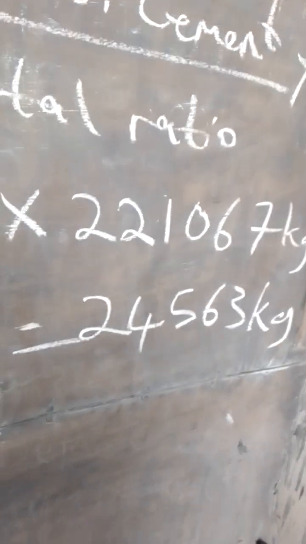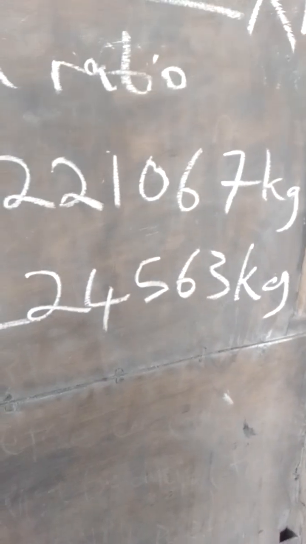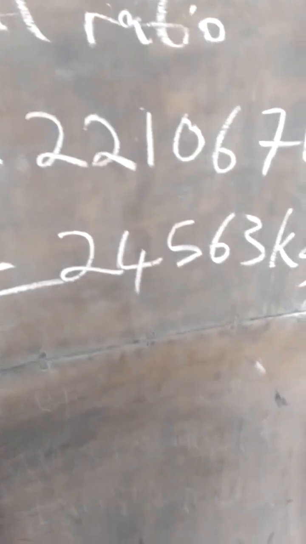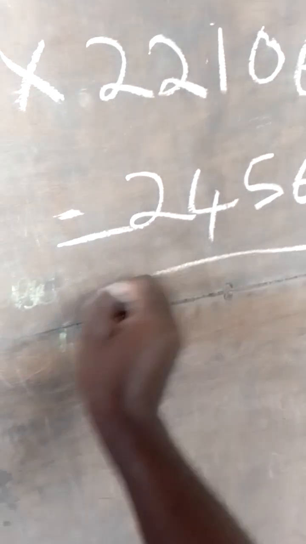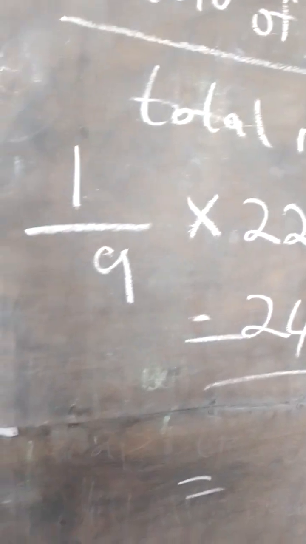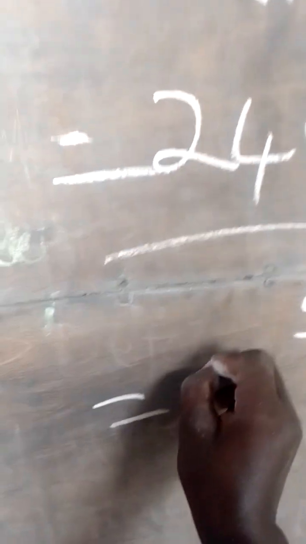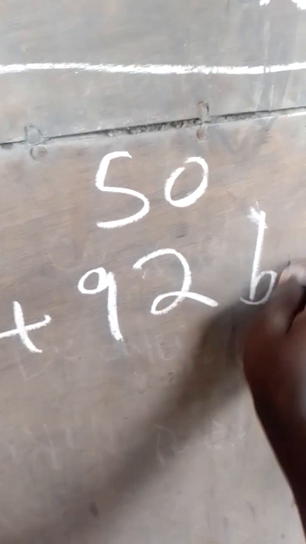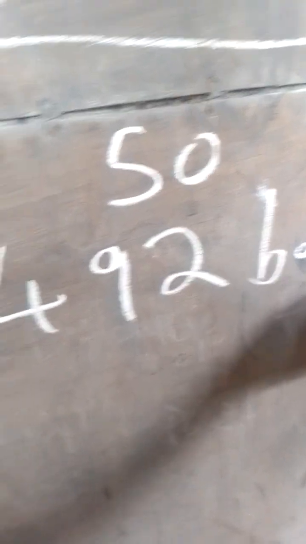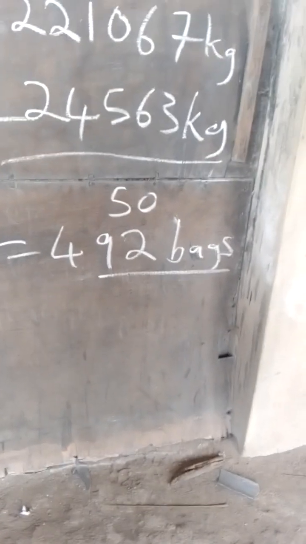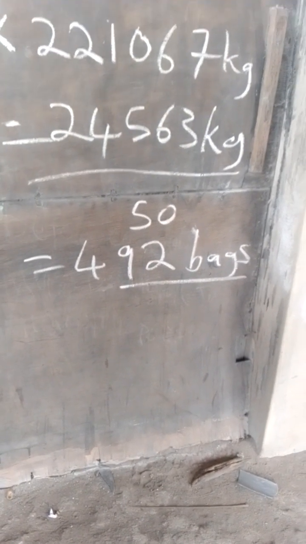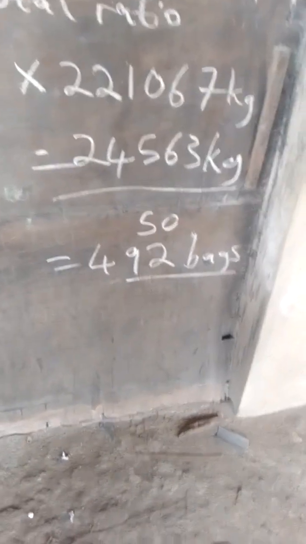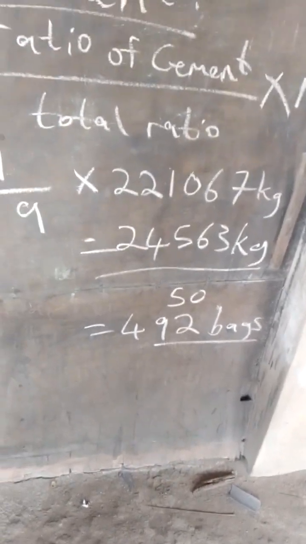Now, we know very well that each bag of cement is 50 kg. What do we do? We divide it by 50. So, what do we get? We get 492 bags. Wow, we have gotten the first one. 492 bags of cement. Did you see it?